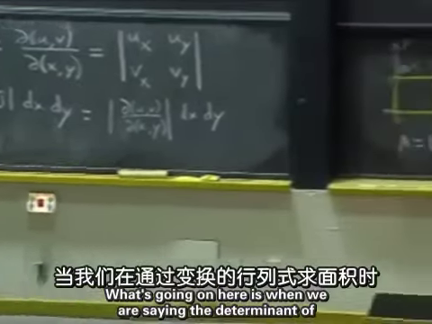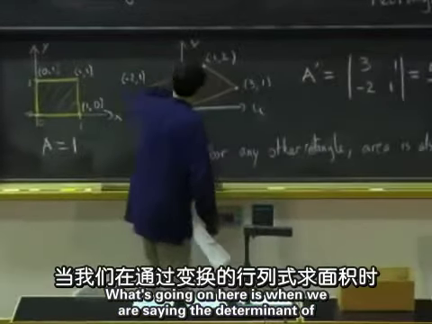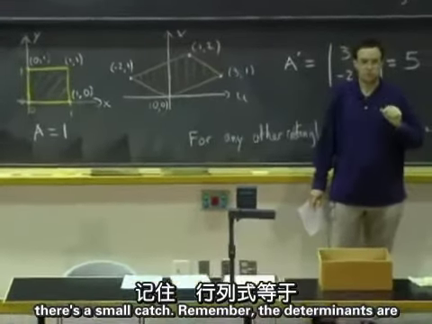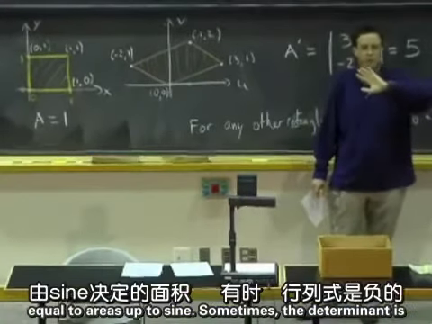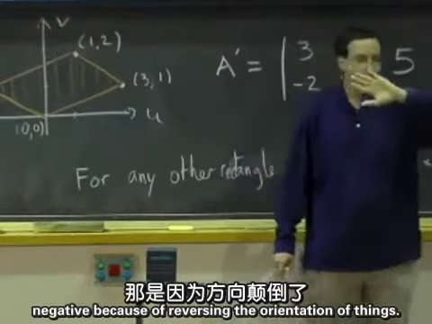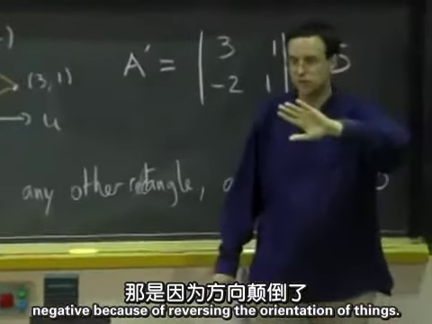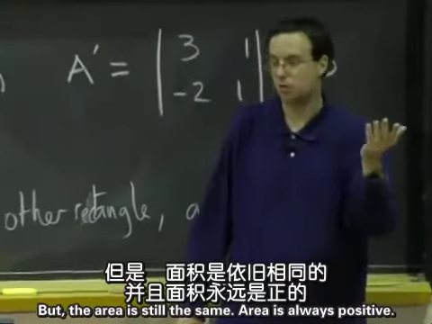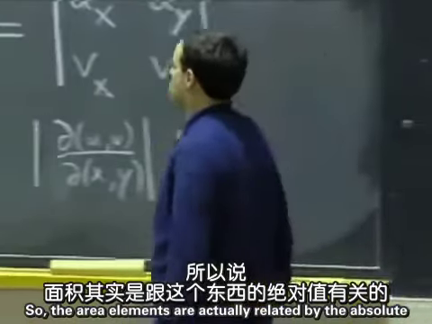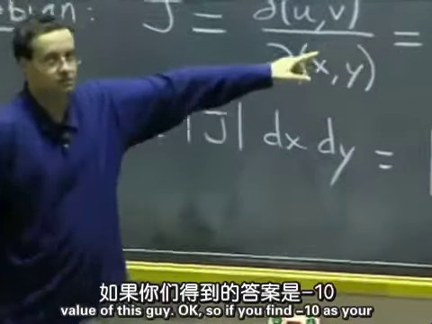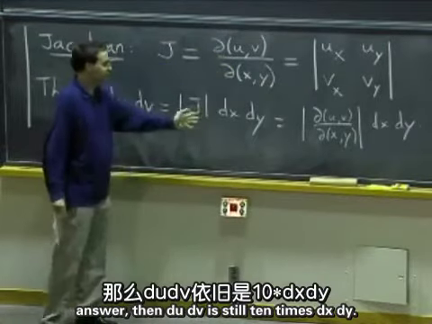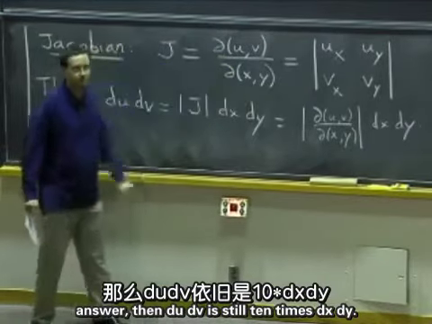When we say the determinant of a transformation tells us how the area is multiplied, there's a small catch. Remember, determinants are equal to areas up to sign. Sometimes the determinant is negative because of reversing the orientation of things, but the area is still the same. Area is always positive. So the area elements are related by the absolute value of this guy. So if you find minus 10 as your answer, then du dv is still 10 times dx dy.